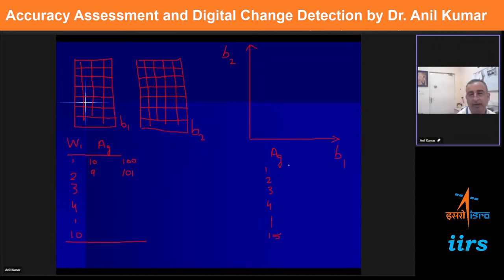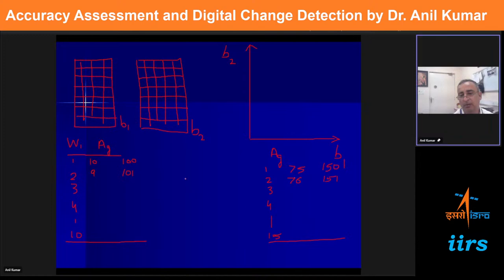For sample 1, the value on band 1 can be 75, and on band 2 it is 150. Again, band 1 is 76, for example, and band 2 is 151, and so forth.